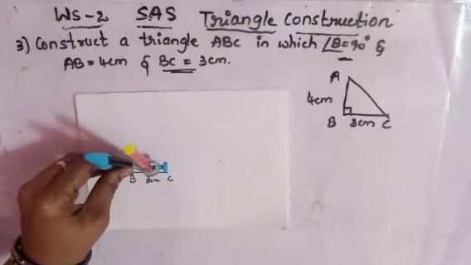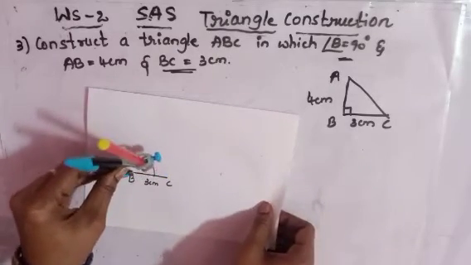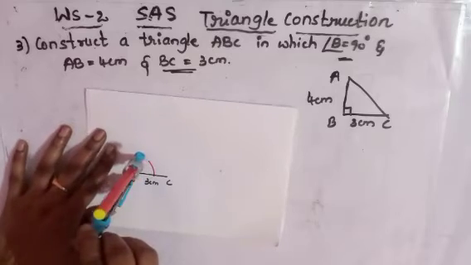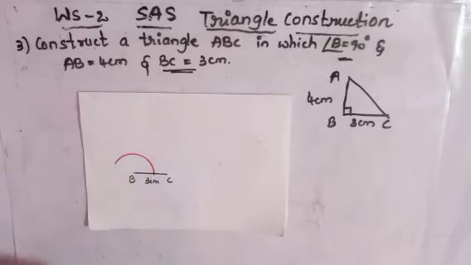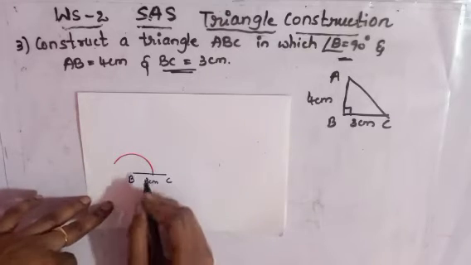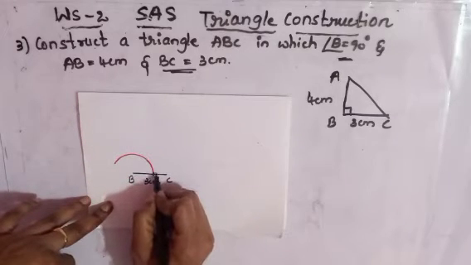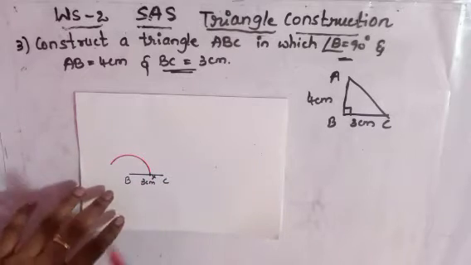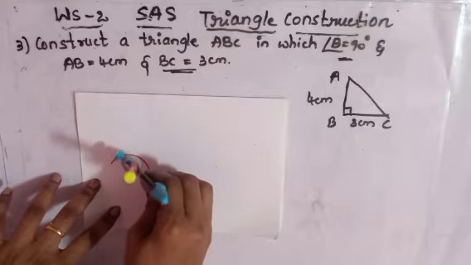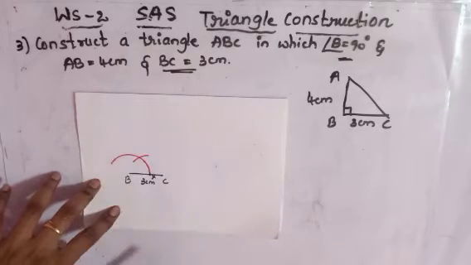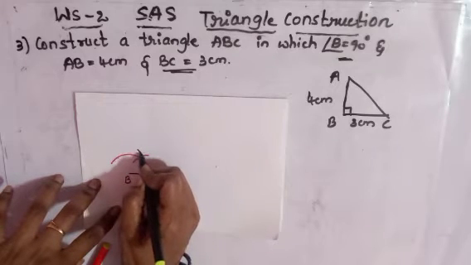Draw a semicircle and name the point of intersection as X. With the same radius, don't change the radius, draw an arc on the semicircle and name this point of intersection as Y.